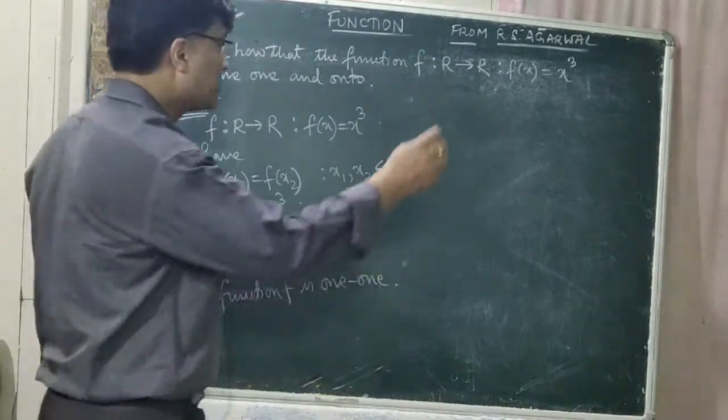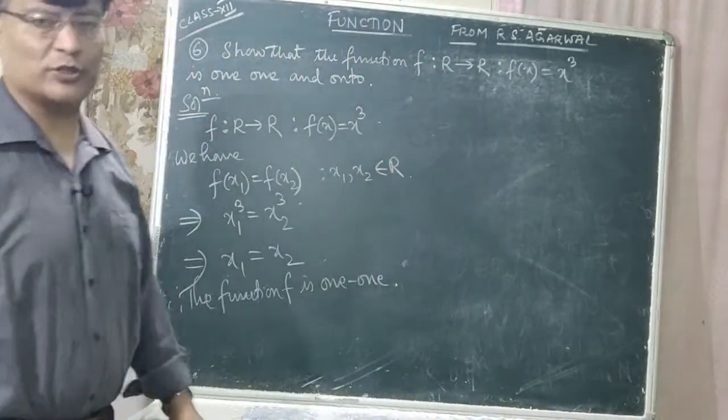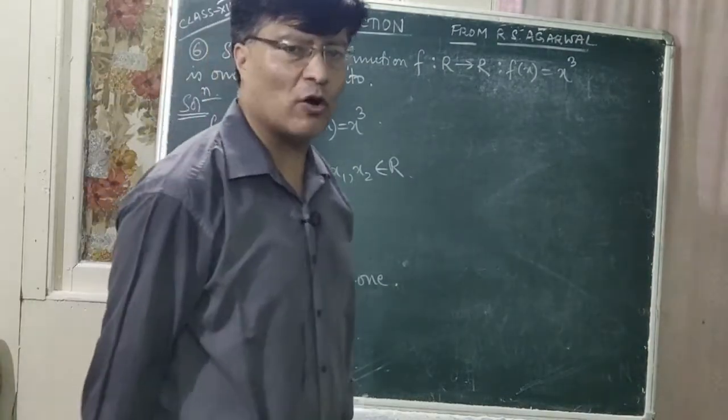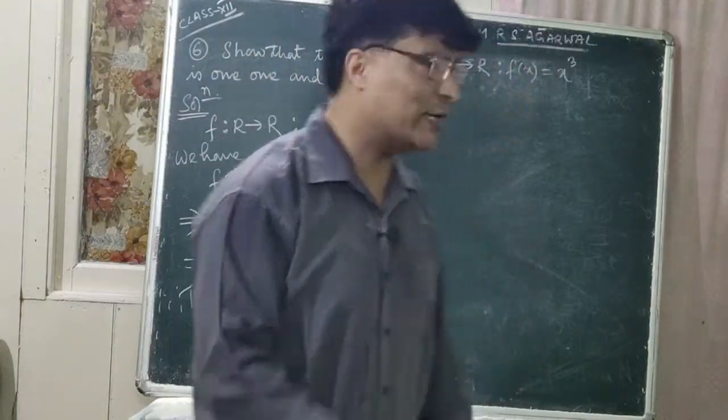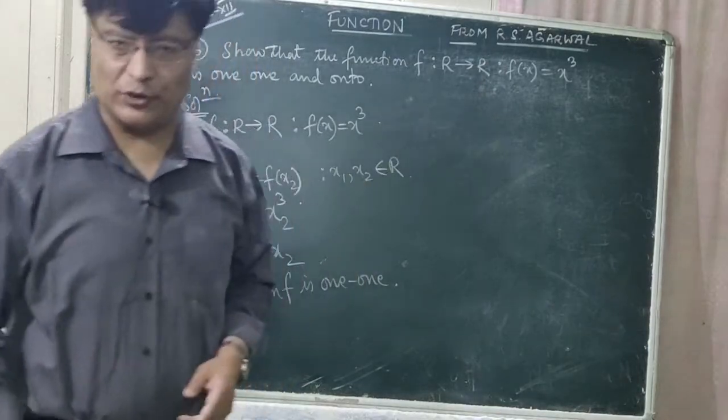Now let us prove the onto function. What is the method of proving an onto function? You have to assume y is equal to x cube.